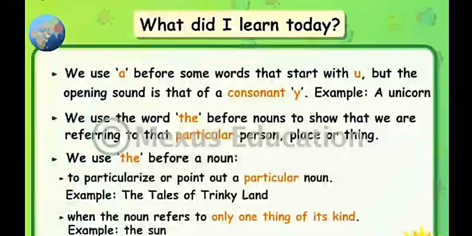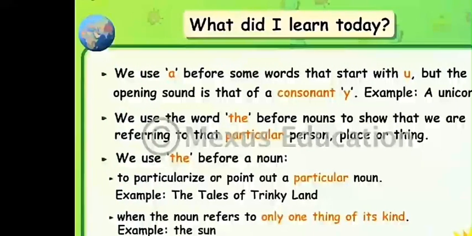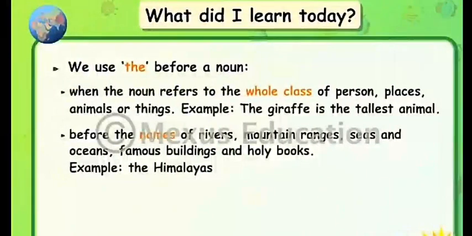We use the before nouns to show that we are referring to a particular person, place or thing. We use the before a noun to point out a particular noun, like the sun, the only one thing of its own kind.